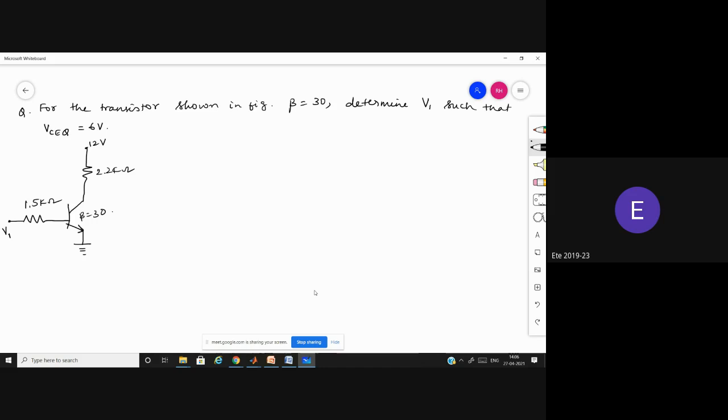So in this case, if you apply the KVL to the input circuit, you cannot find IB. Why? Because you don't know the V1. V1 is a voltage which we need to find out. So we don't know V1, so we cannot find out the IB value.